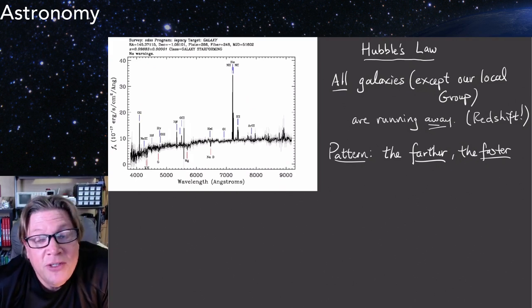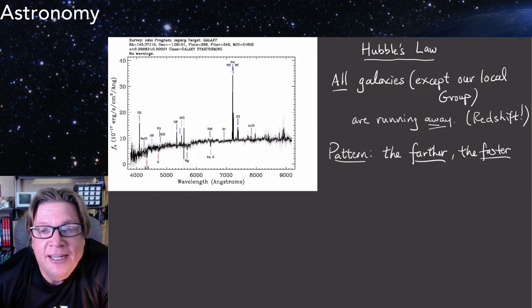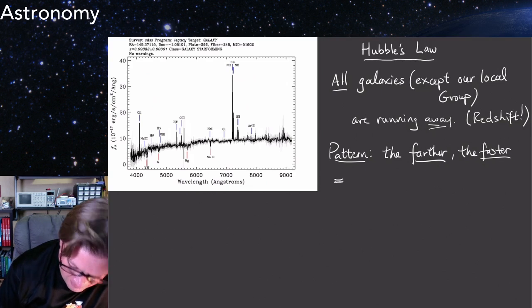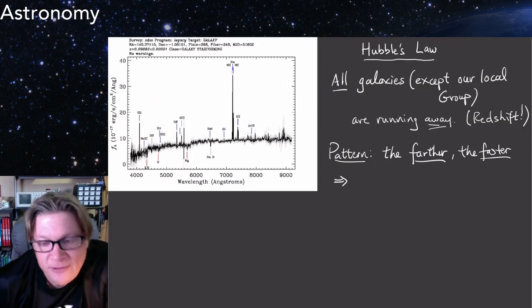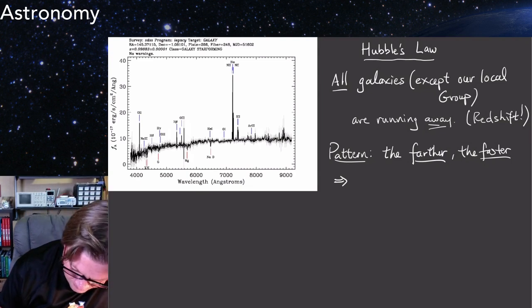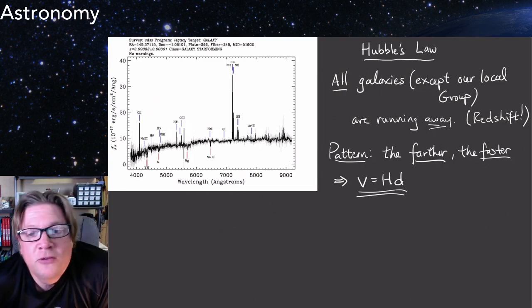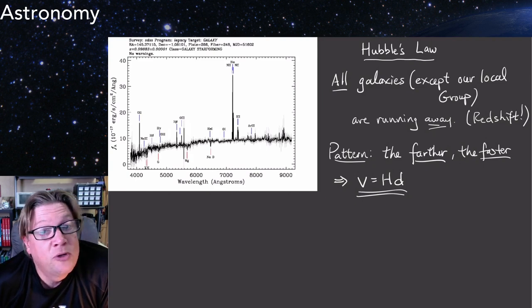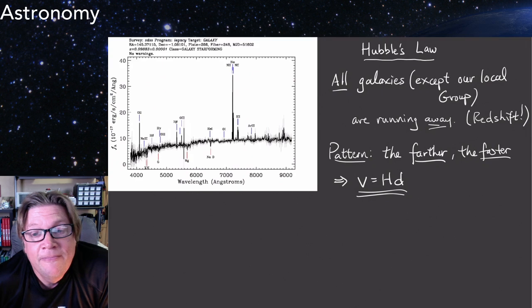But what this enables us to do, since the relationship is so tight and works for every galaxy, is just write it down mathematically. The speed of the galaxy, v, is just proportional to its distance, d.